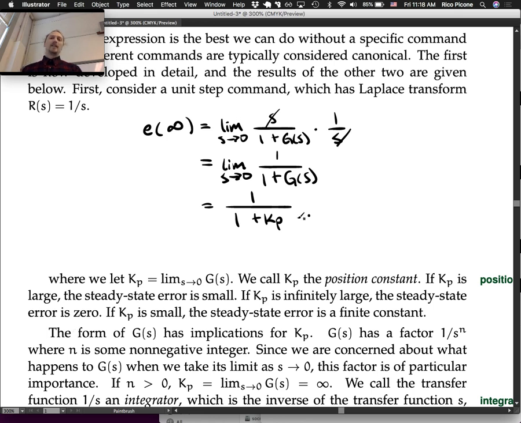So kp, this limit here, is what determines for a step input how large the steady state error is going to be. If kp is small, the steady state error is a finite constant. So like if kp is like 0.2, it's 1 divided by 1.2, right?